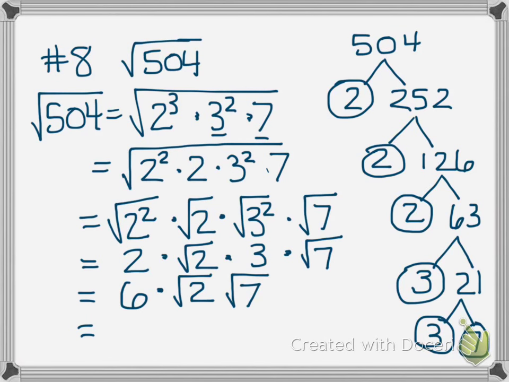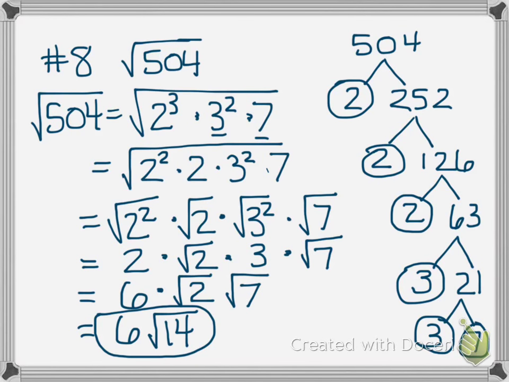So the square root of 2 times the square root of 7 is equal to the square root of 14. So this would be 6 times the square root of 14. And that would be my simplified answer, because the square root of 14 does not have any perfect square factors, because here they are, 2 and 7. All right, so you want to simplify it that way.